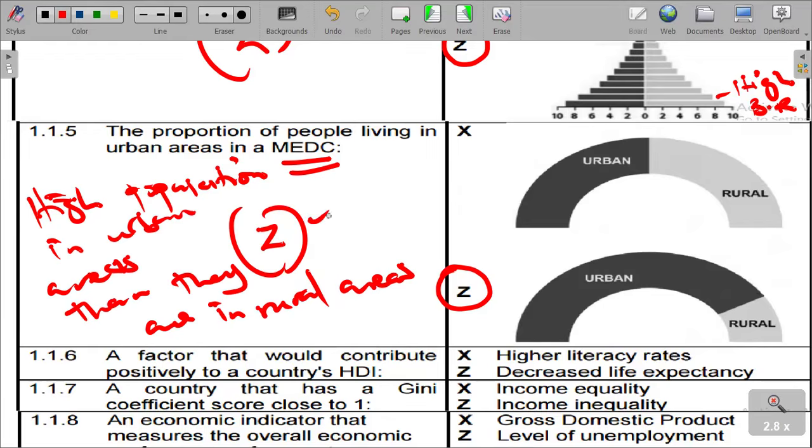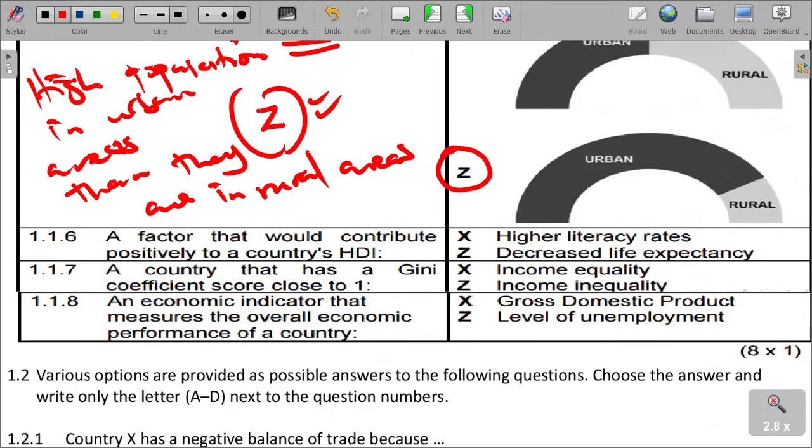So therefore our answer is Z, which you can see by the proportionate number of the shaded part or the shape given here.